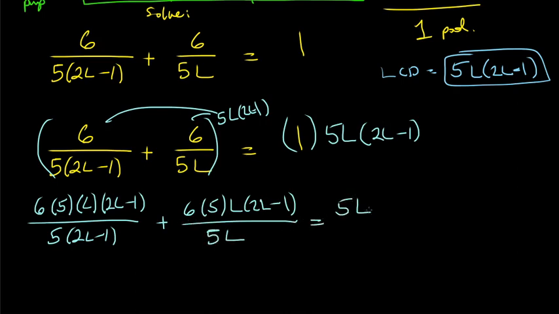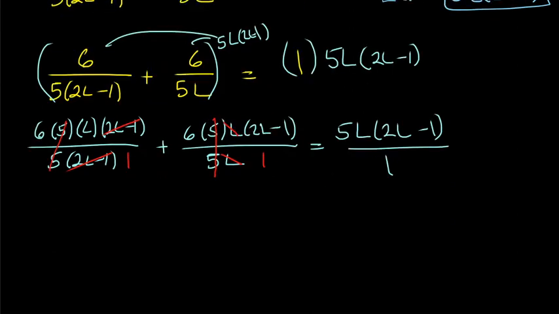And that's going to be 5L times 2L minus 1, over 1. Right. Okay. One big mess, but I think we can cancel the 5s. We can cancel the 2L minus 1 here. We can cancel the 5s and the L. And nothing cancels on the right, but it's already over 1. So all the denominators are now 1s. So that should make this a lot easier.